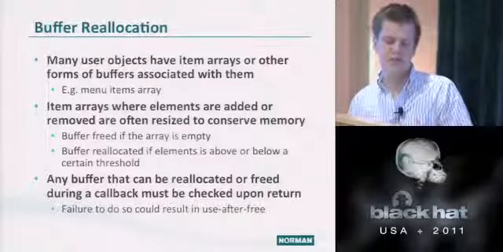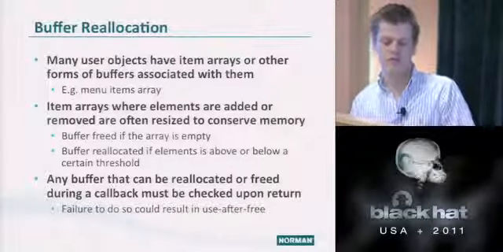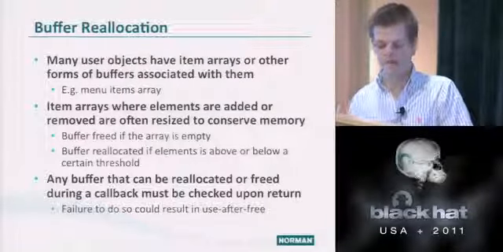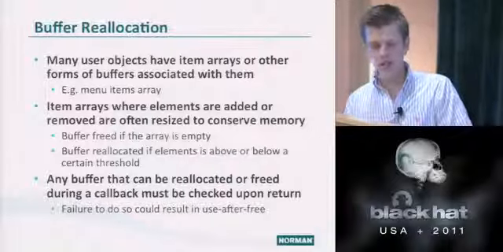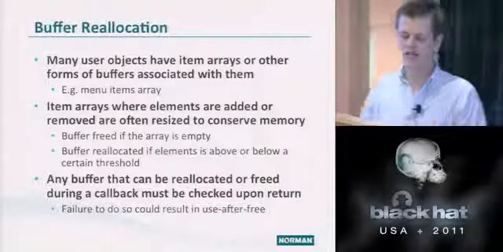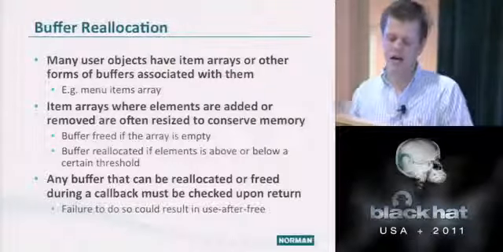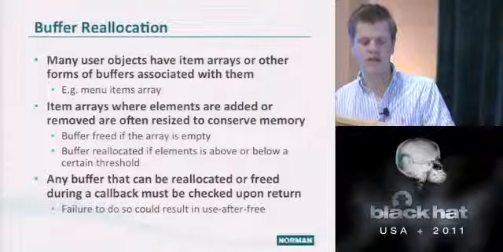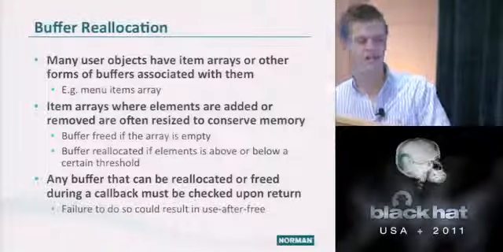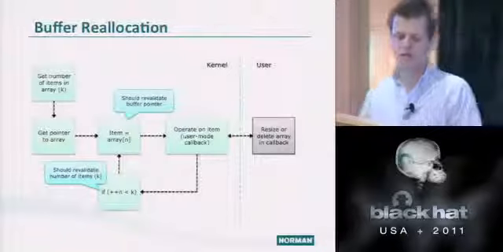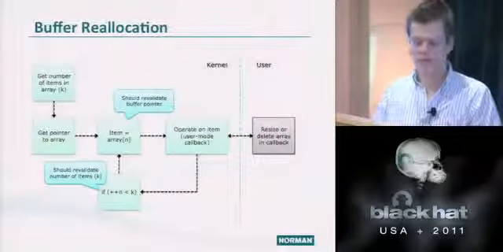This happens either when you insert or remove entries from the buffer. If you remove all entries, it will free the buffer. And any buffer that can be reallocated in a callback has to be checked upon return. If you don't do this, there's a high probability of ending up in a use after free condition. So this basically sums up where the checks need to be performed.